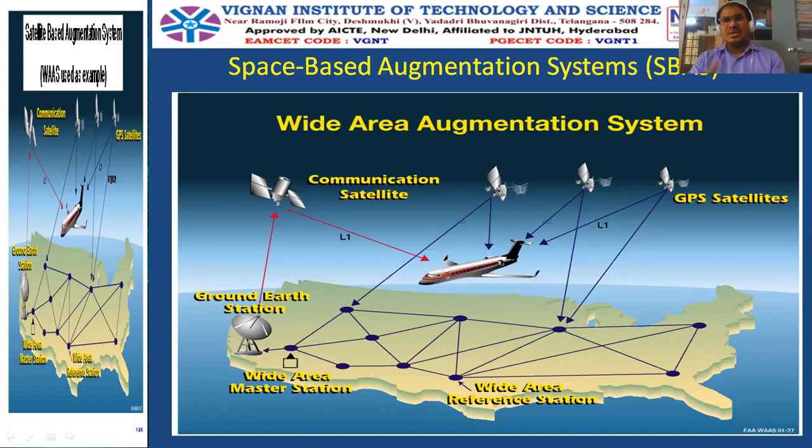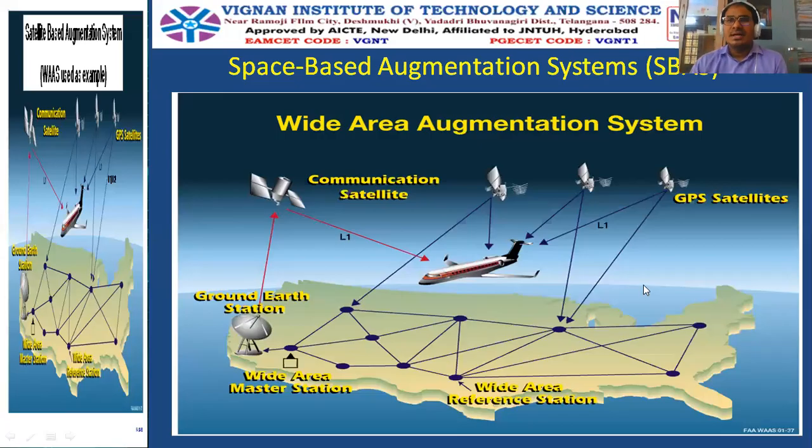And after calculating the user's position, if these corrections are applied, then the accurate position may be known. Any doubts in this? If no doubts, we'll proceed.